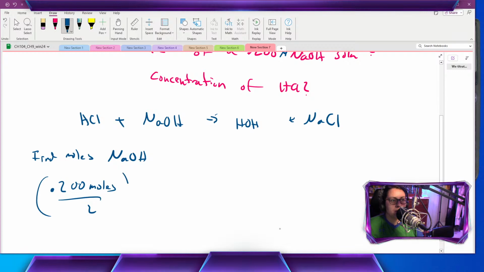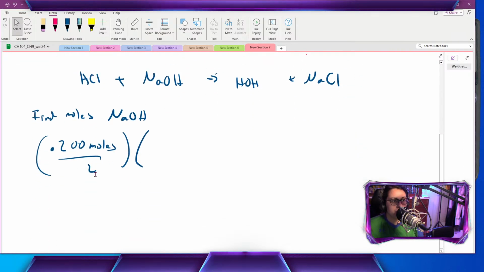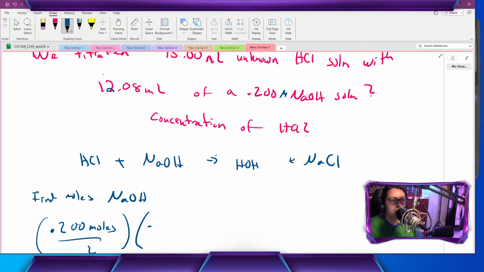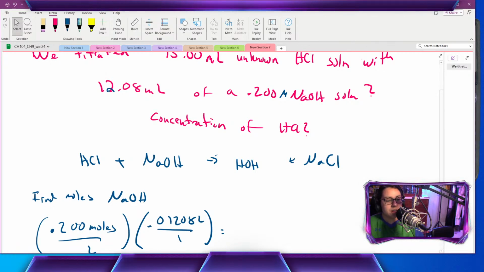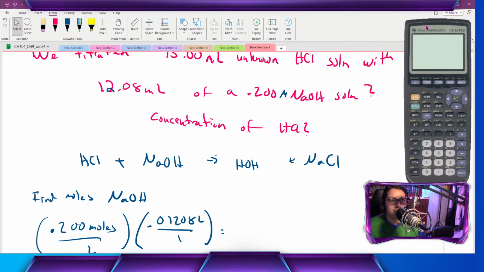Then we need to multiply it by our volume, but notice volume needs to be in liters. So multiply it by 0.01208 liters. That should give us moles of sodium hydroxide we had in solution.